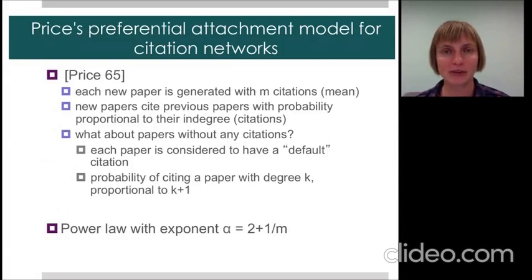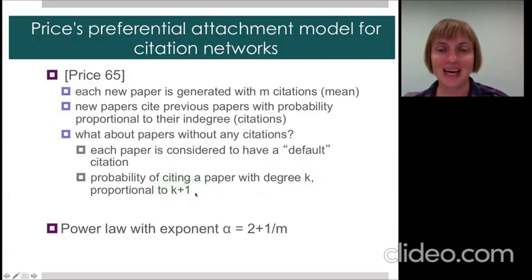This model was first introduced by Price, who was modeling how papers get cited, and it has been observed for a long time that some papers are just cited a whole lot more than others. And here, rather than having the probability of attachment directly proportional to the degree, it's going to be proportional to the degree plus 1, which is going to take care of a cold start problem.